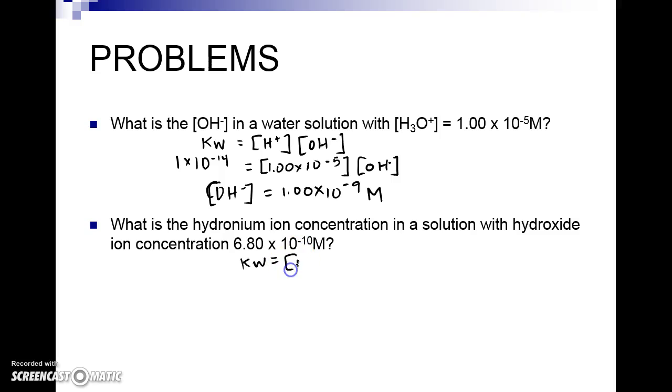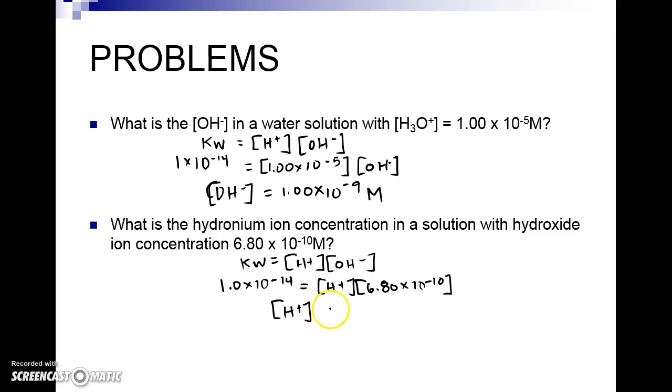KW is equal to H plus times OH minus. 1 times 10 to the minus 14 is equal to H plus, which is what we're looking for, times 6.80 times 10 to the minus 10, and so H plus is equal to 1.47 times 10 to the minus 5. Make sure that you can punch all of that into your calculator.